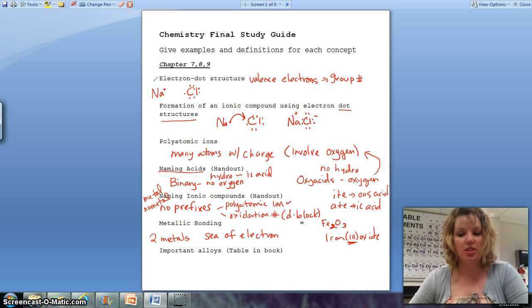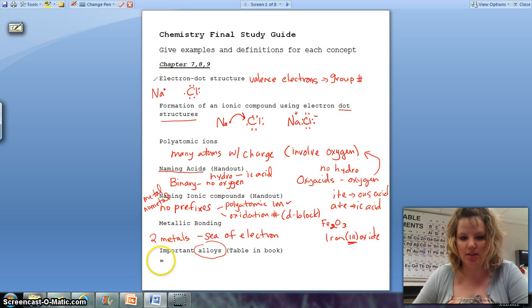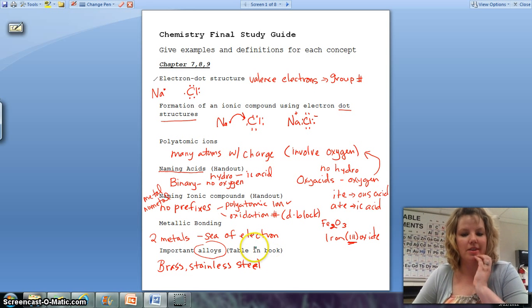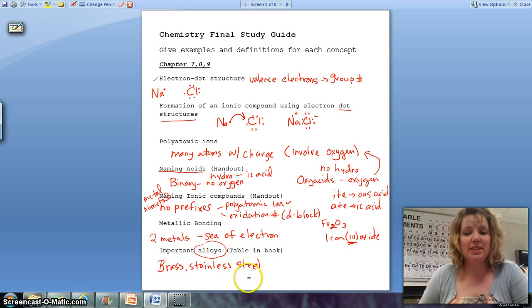That's why they conduct electricity so well, and it's just the bonding of two metals. And when they bond, we call them alloys. Something like brass, stainless steel, and there is a chart in your book that has these different things on them, and you just need to know that they're different types of metal that are bonded together.